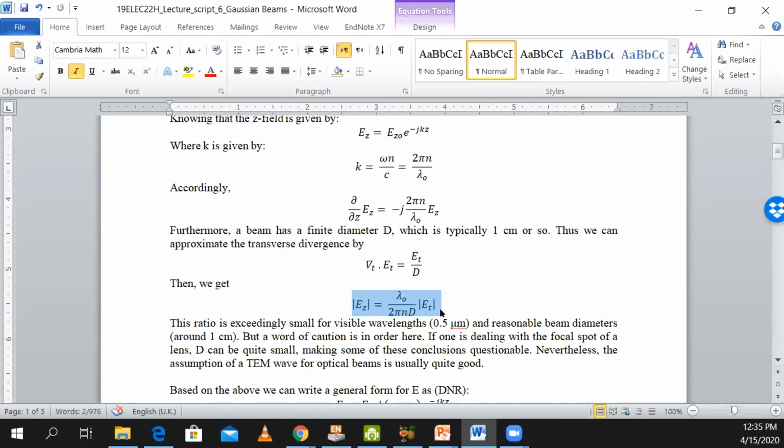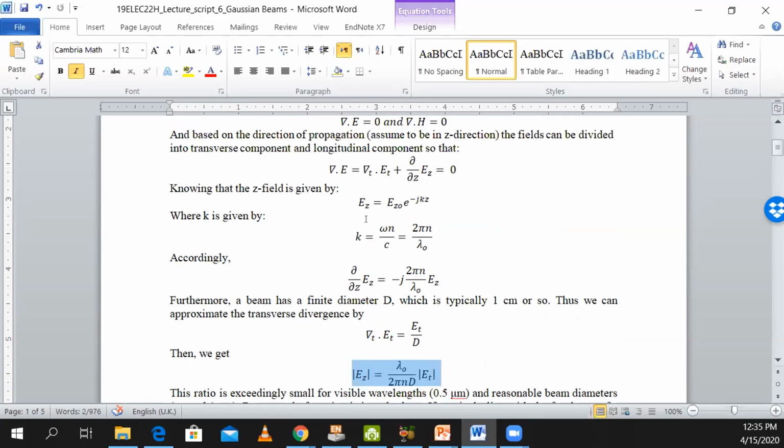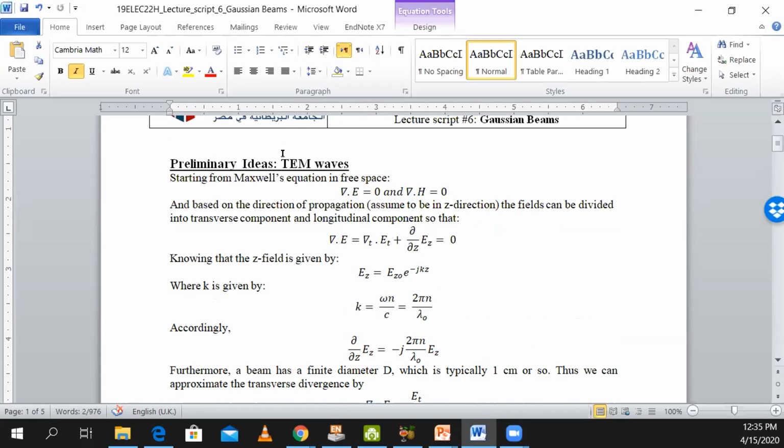Okay, let's turn now and ask, do we know a type of electromagnetic field where you have no electric and magnetic field component in the direction of propagation? Yes, it's what's called the TEM waves.